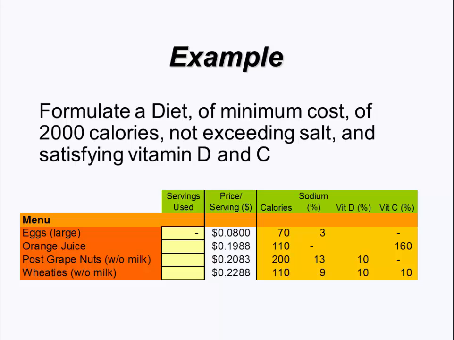So we control how much of the food we consume. And on this table, where is that displayed? Servings used. This is the area where we would write in how much we're going to consume. So we control the servings.